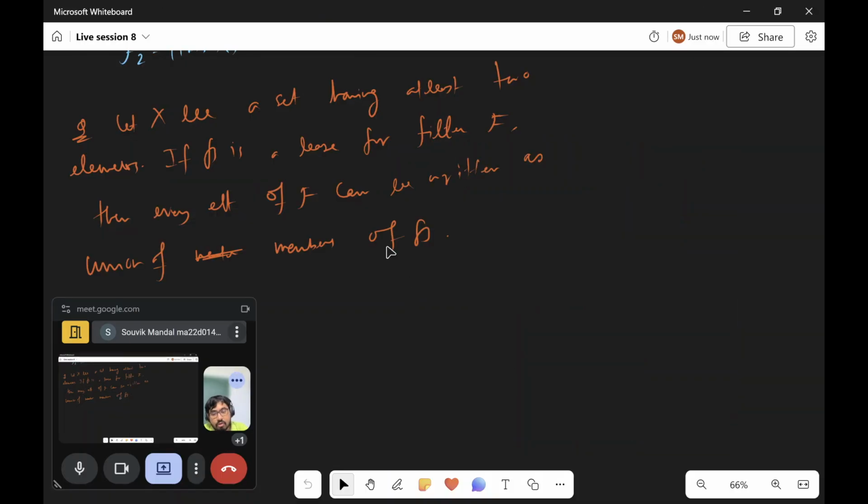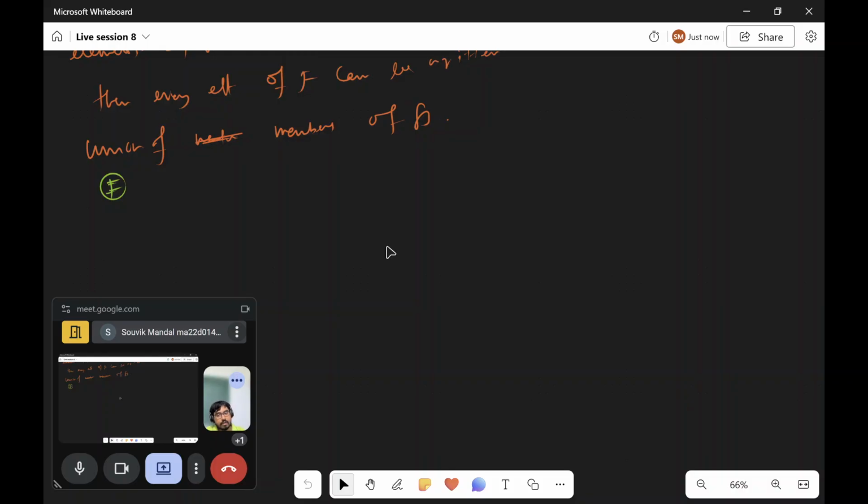So try to find some example which shows that this is false. Take your time. Let me know. You need to find the correct counterexample for stating it's false.